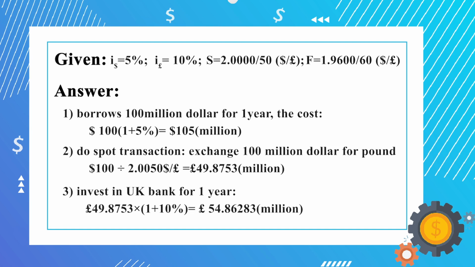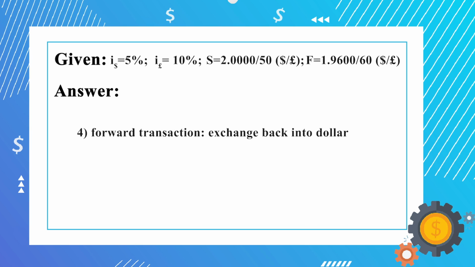The third step, invest in a UK bank deposit for 1 year. 49.8753 multiplied by 1 plus 10% equals 54.86283 million pounds. The last step, execute the forward transaction, exchanging back into dollars. 54.86283 multiplied by $1.9600 per pound equals $107.53 million.